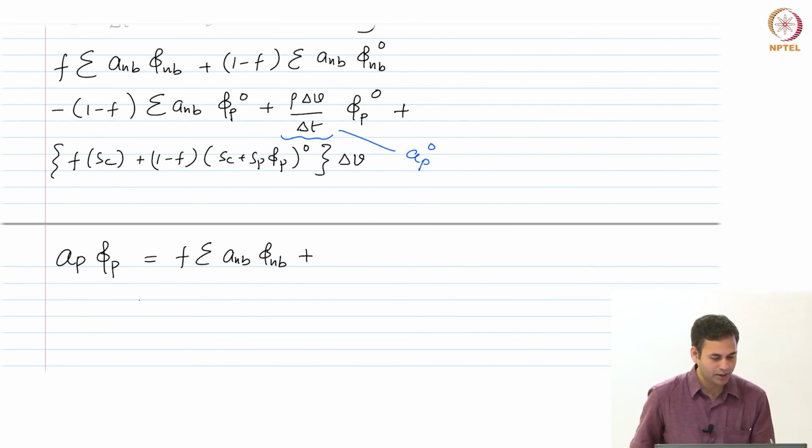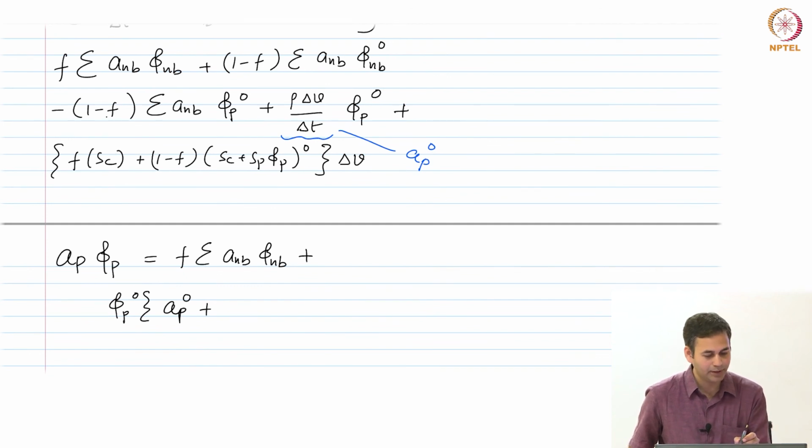So that means I have plus phi P 0. Can we collect the terms for phi P 0 on the right hand side? What will be there for phi P 0? This AP 0 that I just wrote, plus SP is there, and then you have this term, plus 1 minus F times SP delta V, coming from here.